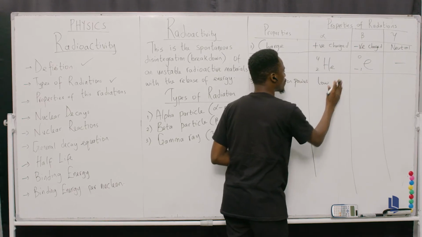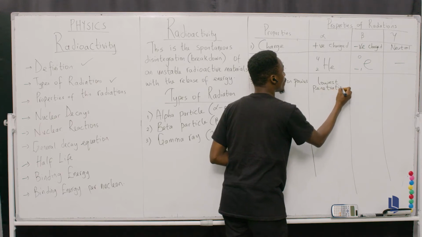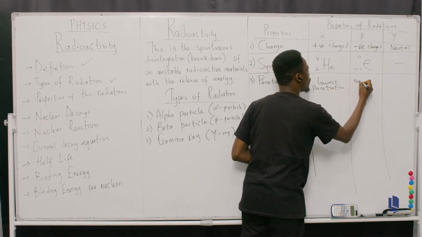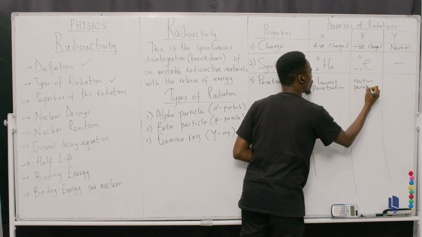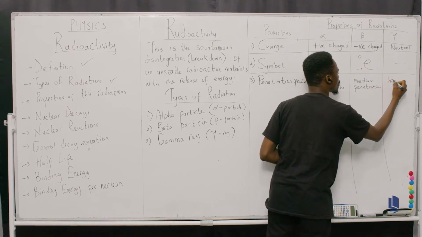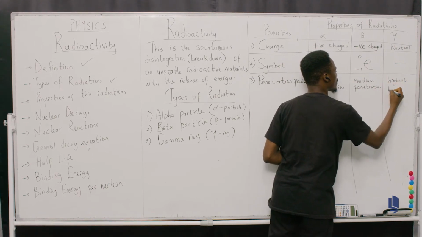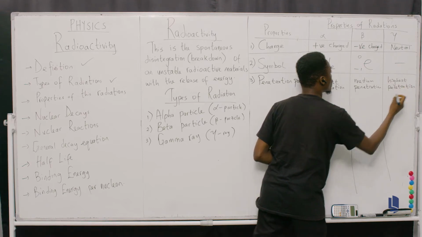In terms of the penetration power, lowest penetration, we are talking about our alpha. Medium penetration, we are talking about our beta. And highest penetration, talking about gamma.